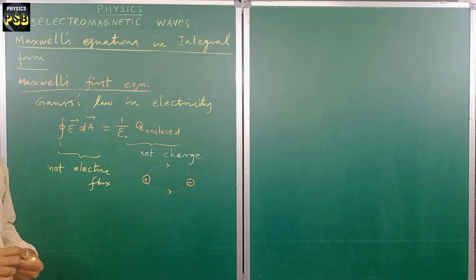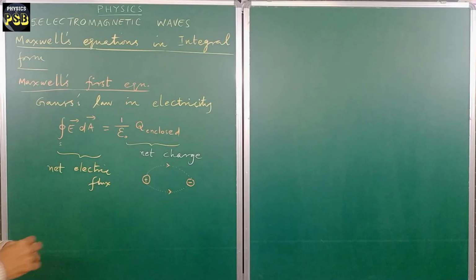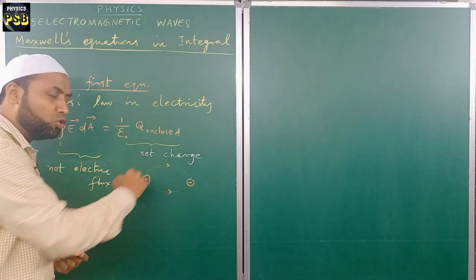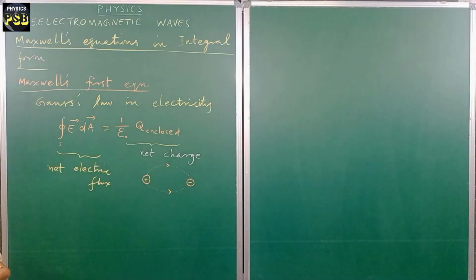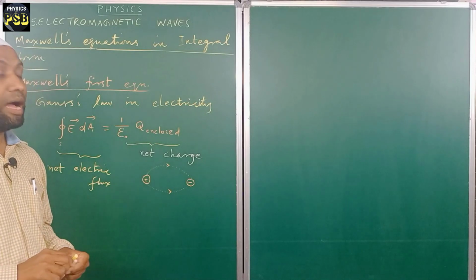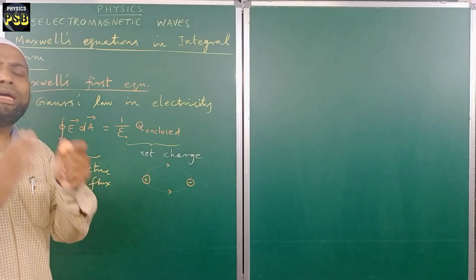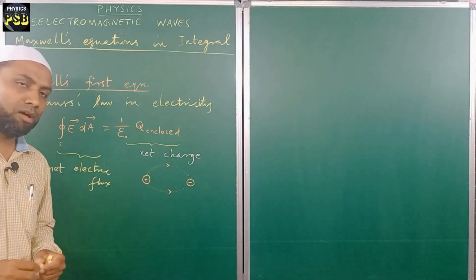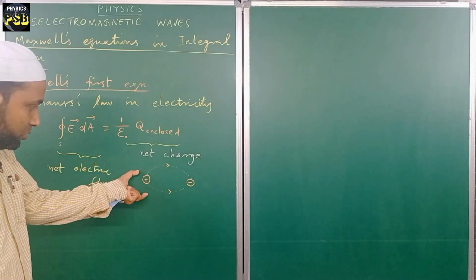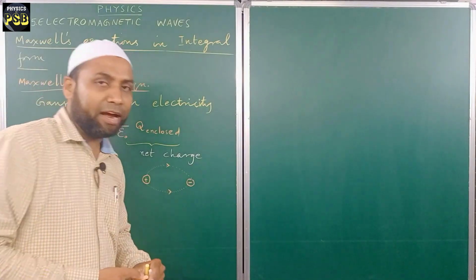It means that these electric field lines do not form a continuous closed path. Okay. Now from this we understand there is a possibility of the existence of isolated charges. Now we can have a separate positive charge as well as a negative charge.